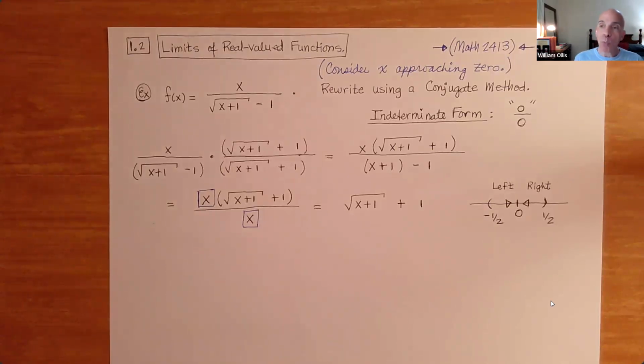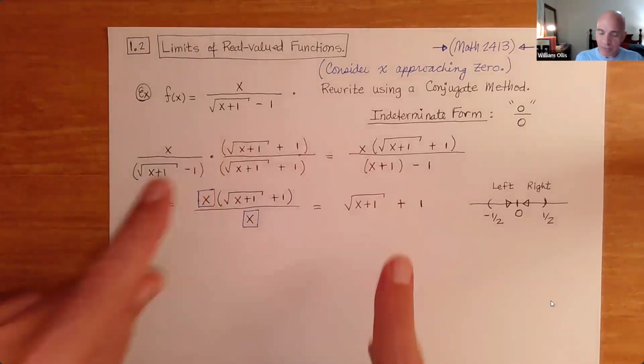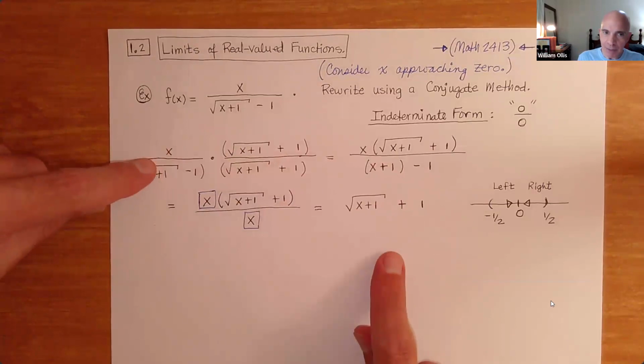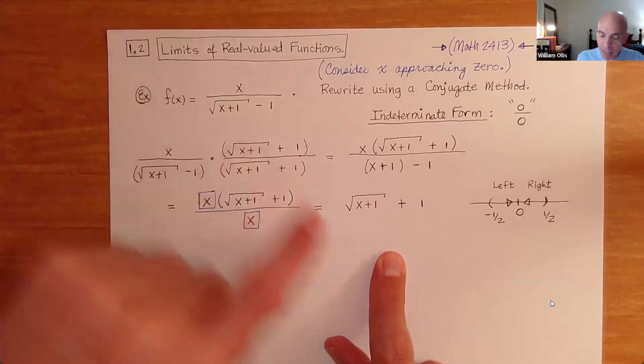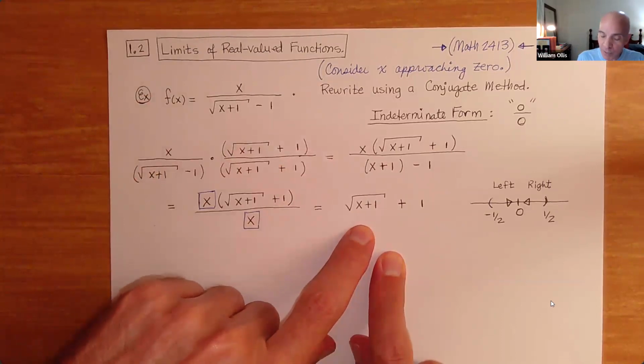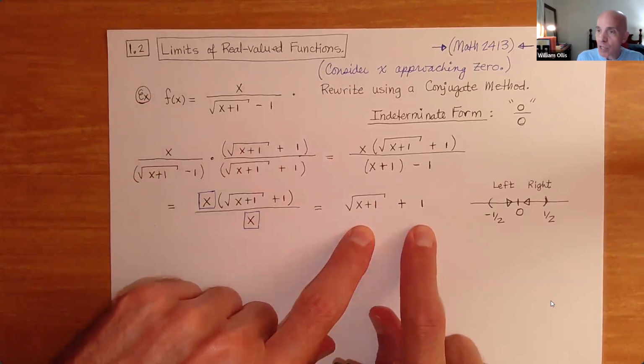So what our intuition is telling us, if that is indeed the case, and we know these are equivalent, that is, this is an identity. That is, f of x here is equal to the square root of x plus 1 plus 1 as long as x is not equal to 0.